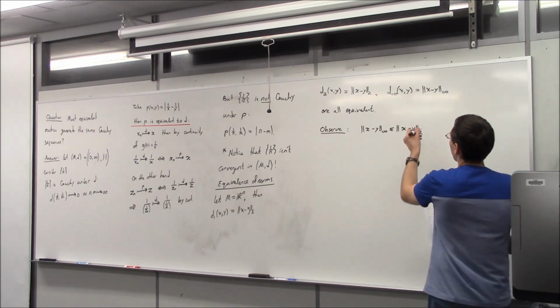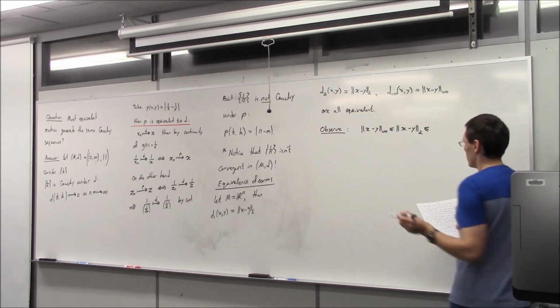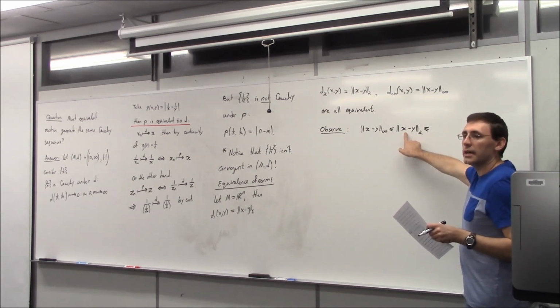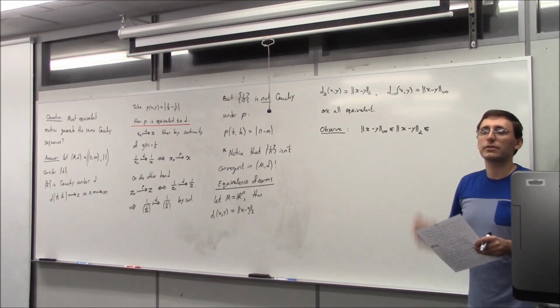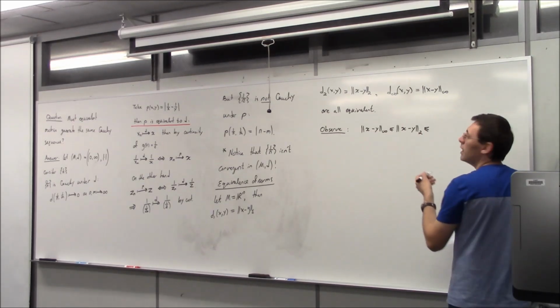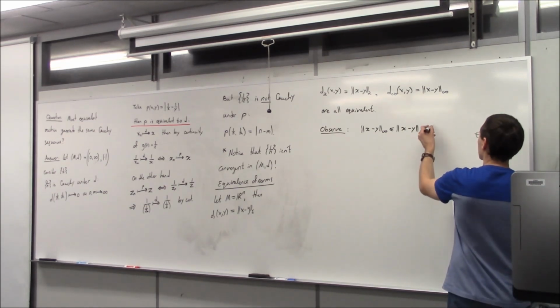Okay? And then by repeated application of the triangle inequality, you should see that this is like the hypotenuse of a triangle, and it is less than or equal to the sum of the lengths of the sides. The sum of the lengths of the sides will then be the 1 norm. So this is less than or equal to the 1 norm.